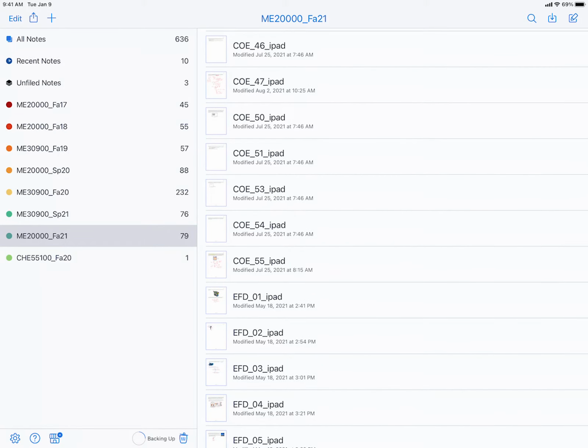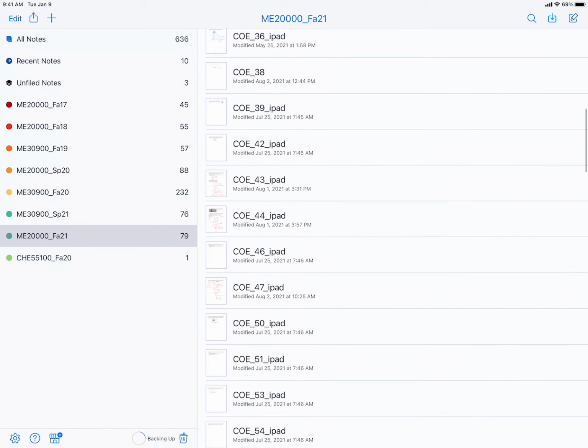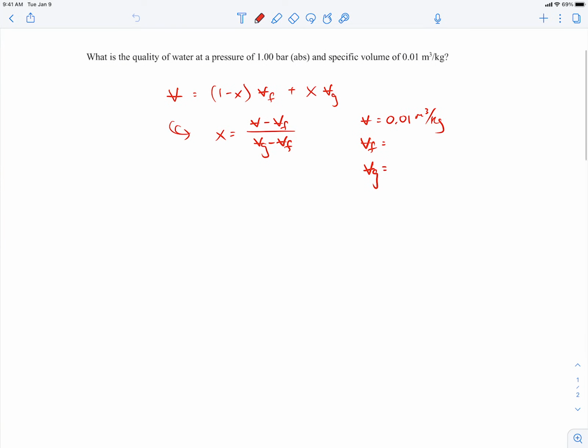So our original problem is right here. Our specific volume for the saturated liquid state was 1.0432 times 10 to the minus 3 cubic meters per kilogram. And the specific volume for the saturated vapor state was 1.69, I think it was 39 cubic meters per kilogram.